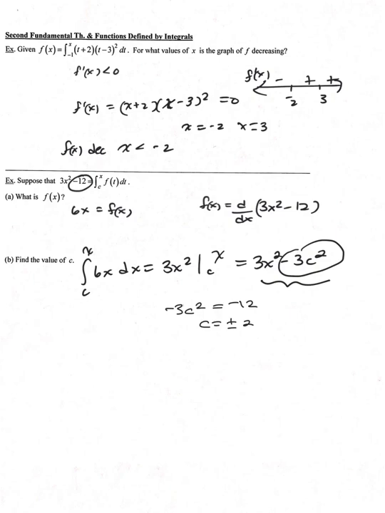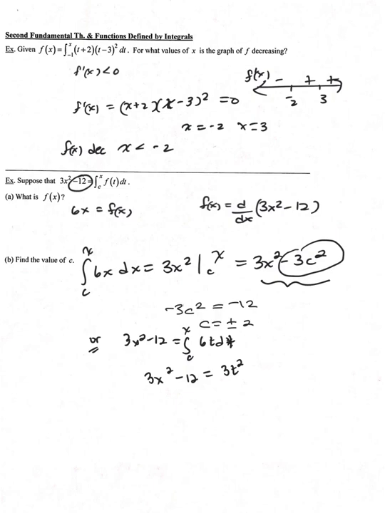Okay, another way to do this is to say 3x squared minus 12 is the integral from c to x of 6t dt. Whoops. So 3x squared minus 12 is equal to 3t squared.